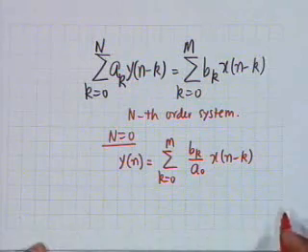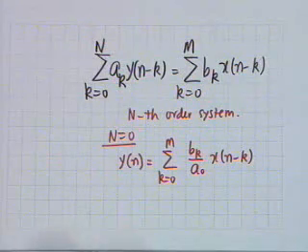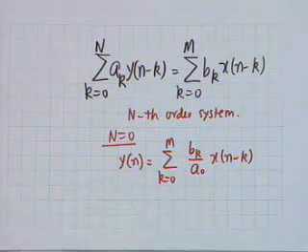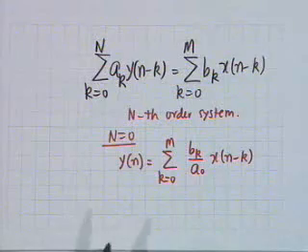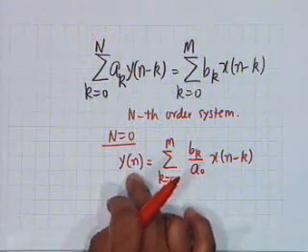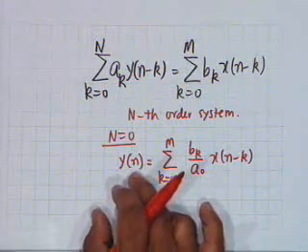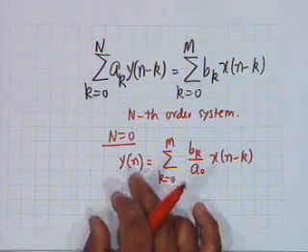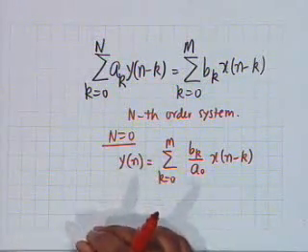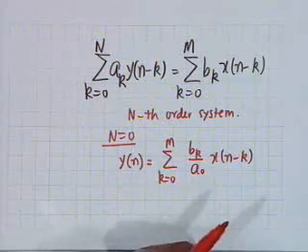This is a zeroth order system, and there are two things in this equation to be noted. One is that for computing the present output, we do not require any past output. In other words, we do not require any feedback.